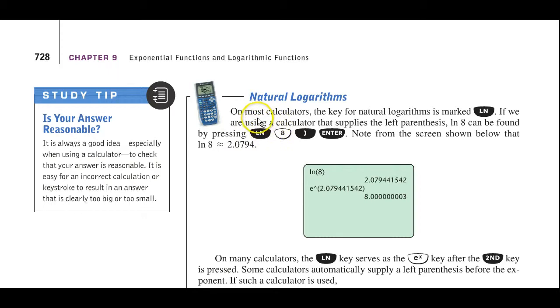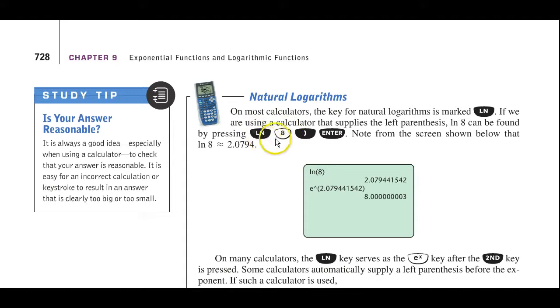So I have a graphing calculator, and I also have a regular standard Casio calculator, the ones we use in class. And they have both of these keys. They have a natural logarithm key, and they also have a log key.